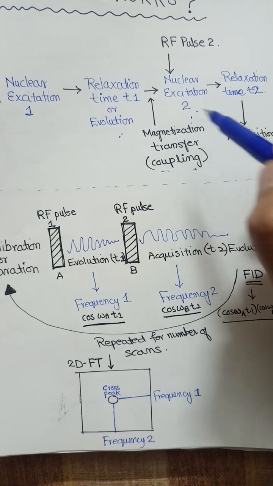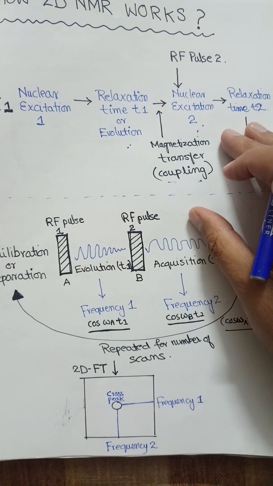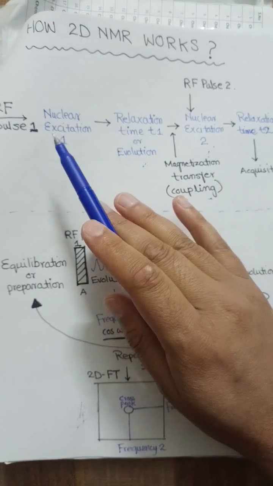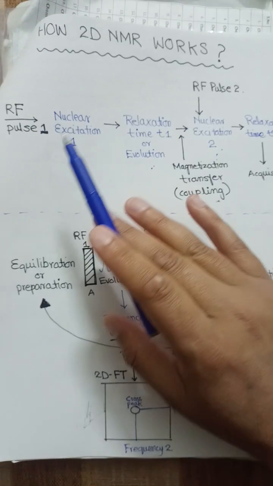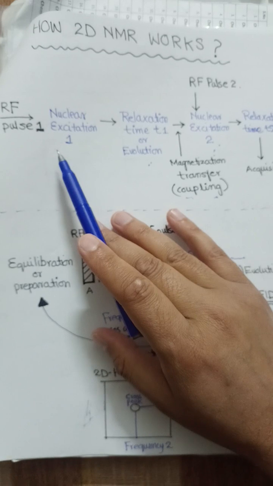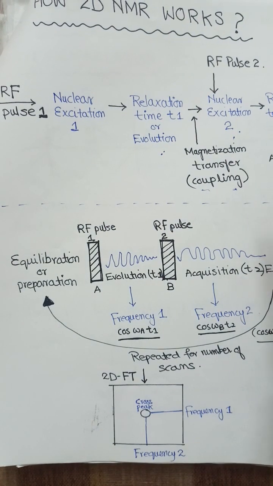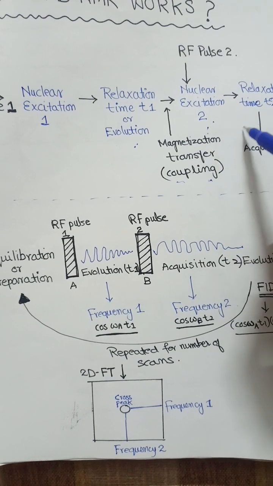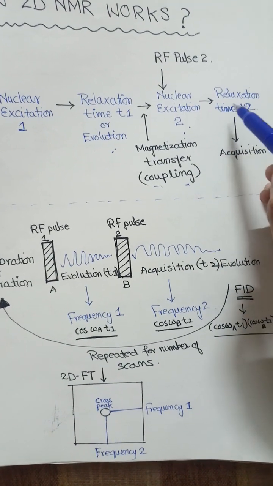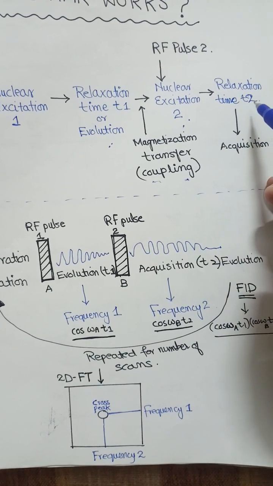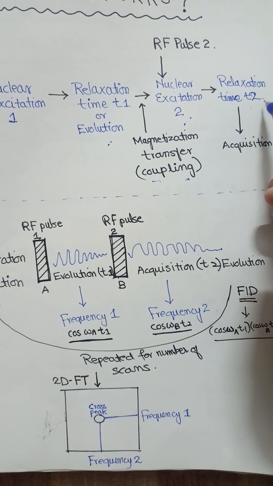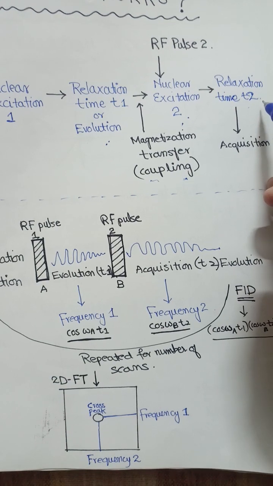That is the reason we call it 2D NMR, because we use the RF pulse two times. First RF pulse, and after relaxation the second RF pulse is applied, and then we give time for relaxation of these excited nuclei, and this is called relaxation time 2 or evolution 2.